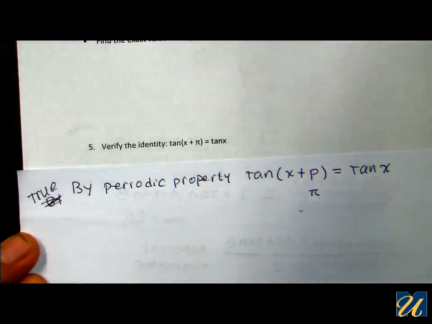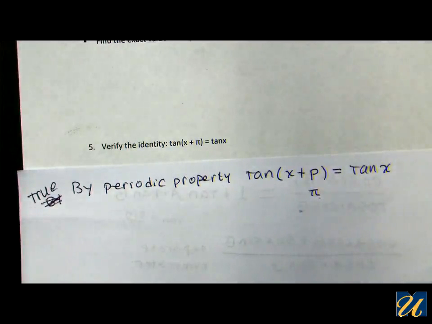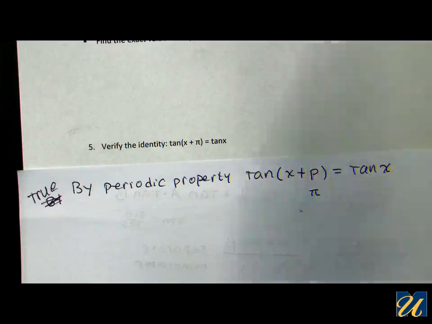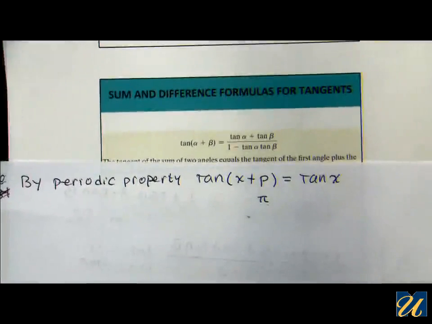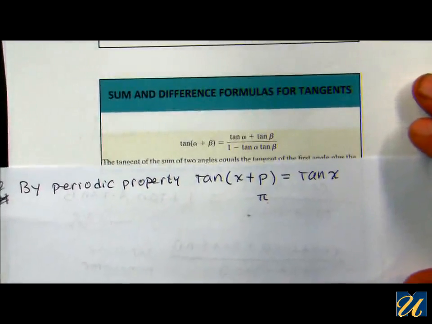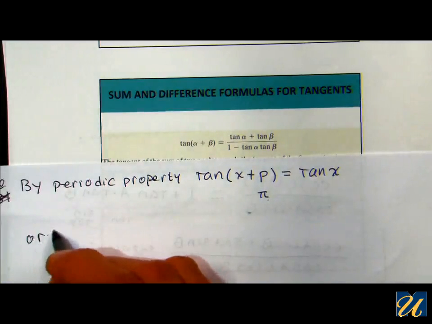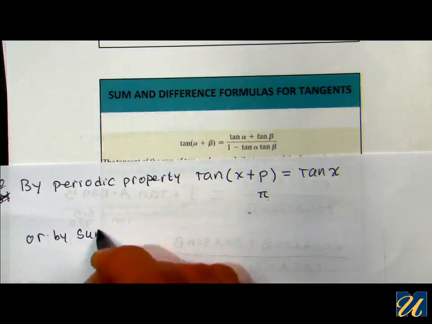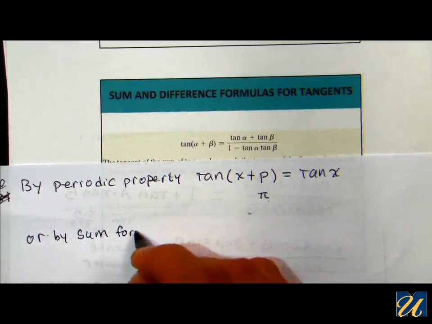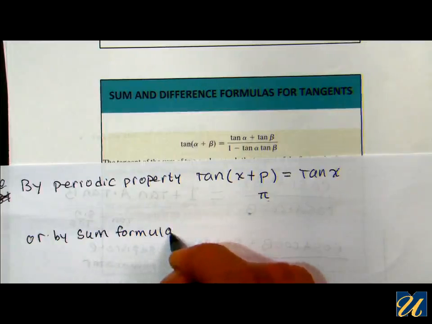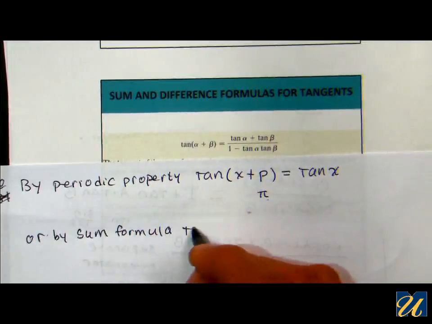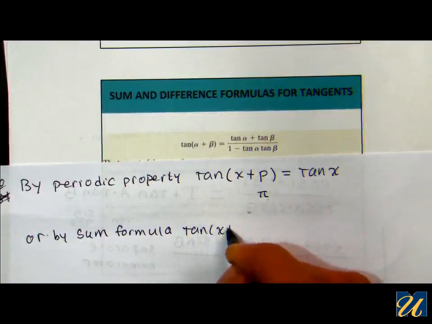However, we could also use some formula for the tangent. So let's do that, since it's the nature of the section that we're dealing with. The sum formula for the tangent, here it is right here. Tangent of the sum. Okay, let's use that. Or, by sum formula, we've got tangent of x plus pi.